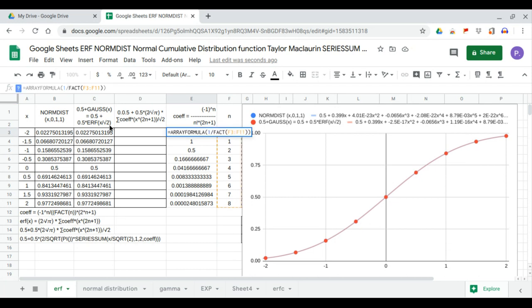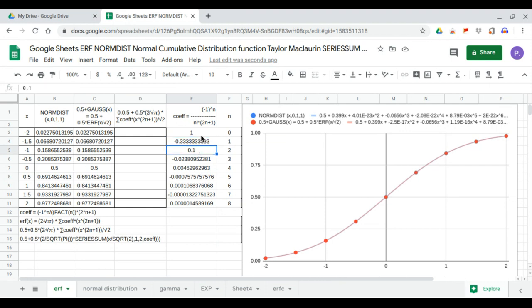Now we add 2n plus 1, 2 times n plus 1. So we have the denominator part. Now the numerator. It will be negative 1 to the power n. Now we have alternating signs of negative 1.